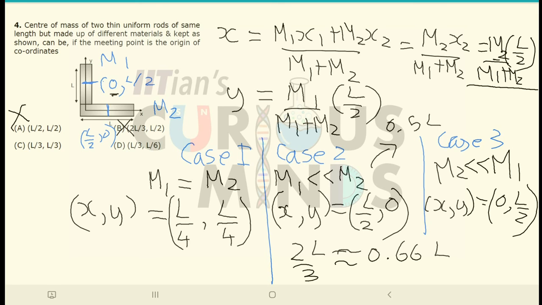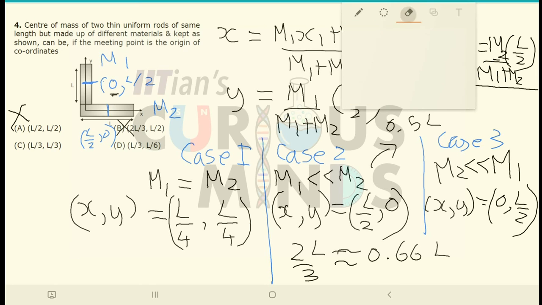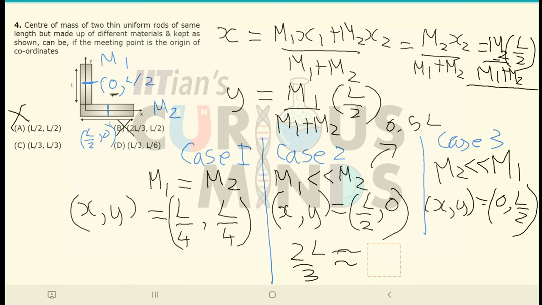Let us see the third possibility, L by 3 comma L by 3. Let us take the x coordinate for the time being. It will be equal to L by 3. Now L by 3 lies between L by 2 and L by 4.